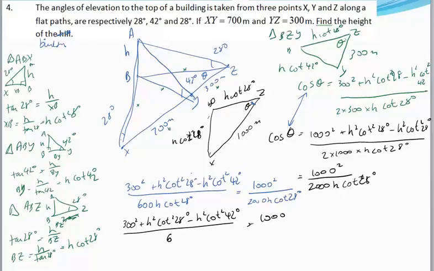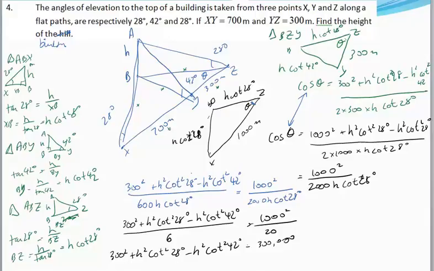On this side 1000 squared, and we end up with 20. So 1000 squared divided by 20 multiplied by 6 will be 300,000.